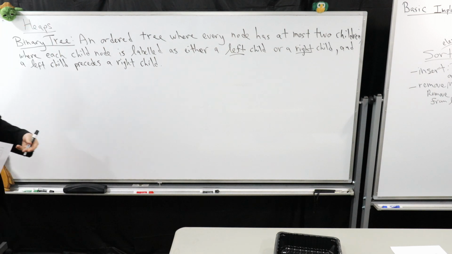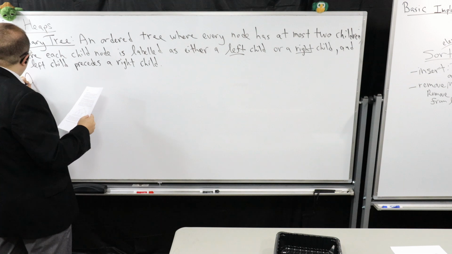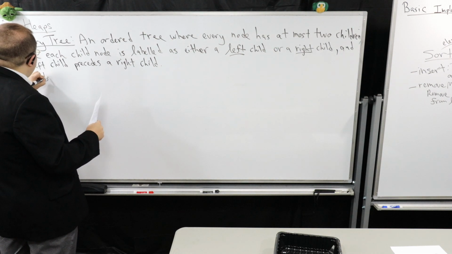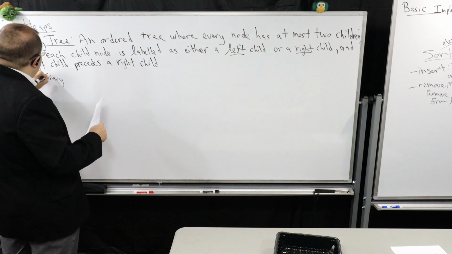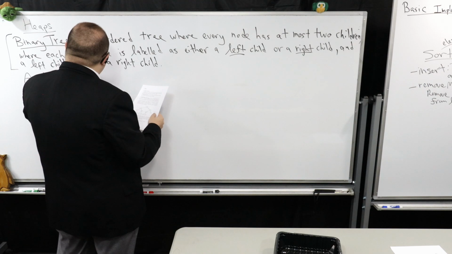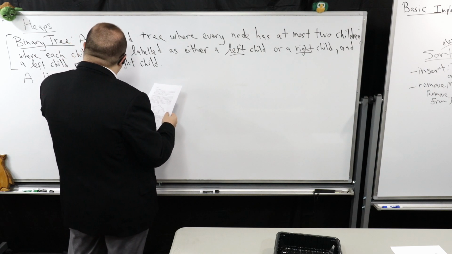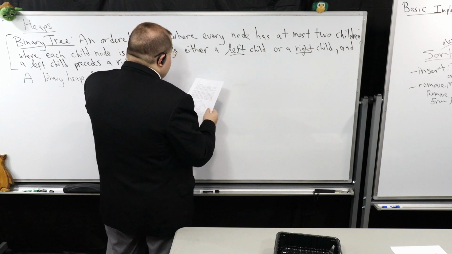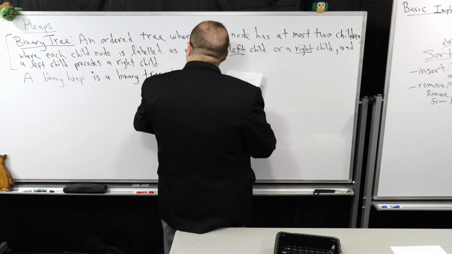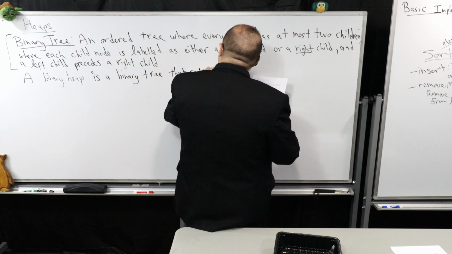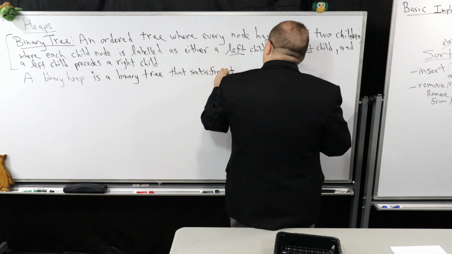So you might ask, Dan, what the heck is a heap then? We're going to talk about so-called binary heaps. A binary heap is a binary tree that satisfies 2 properties.